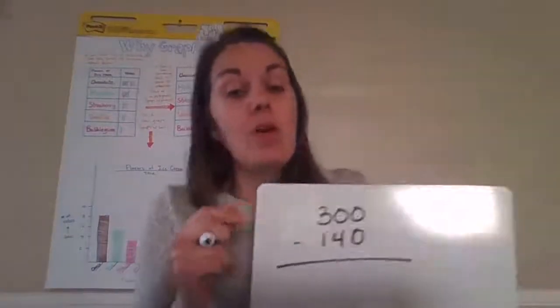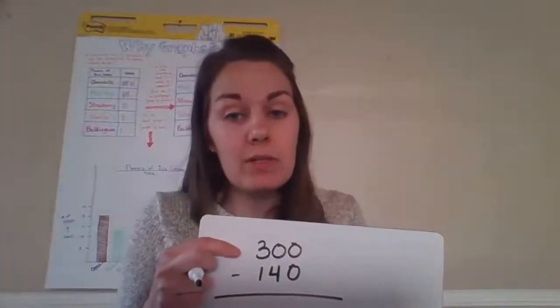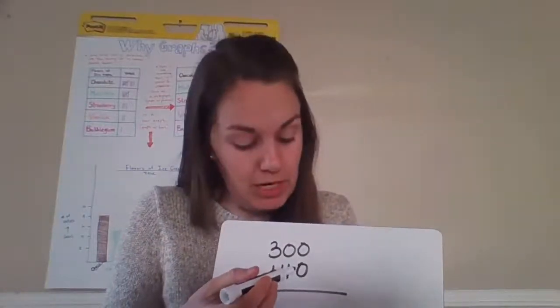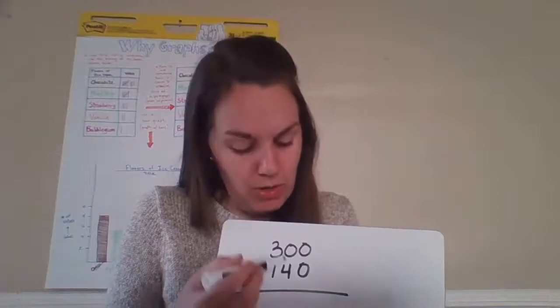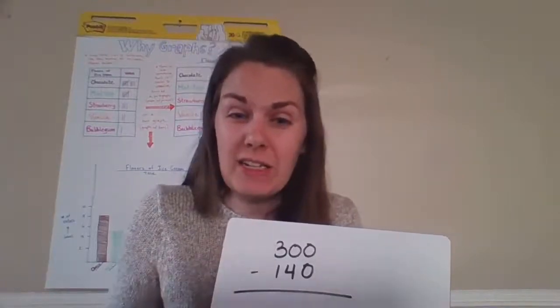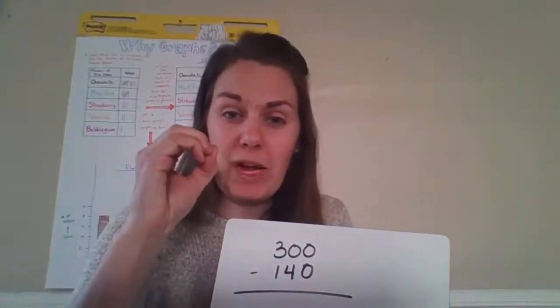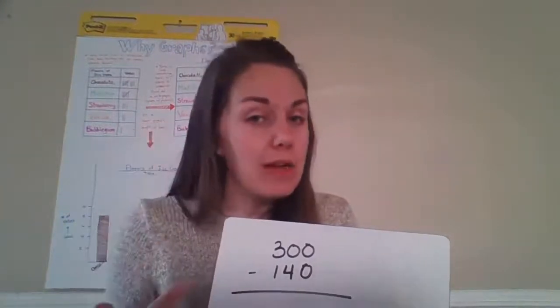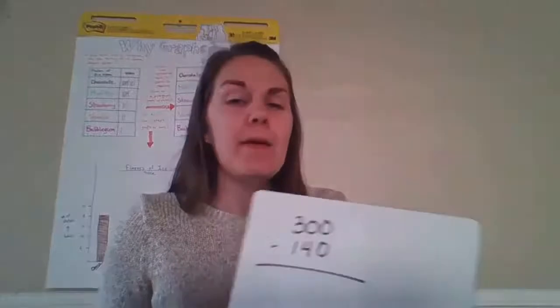Now, we can go through this and regroup, because if I go through it, 0 take away 0, I know is going to be 0. But then I have 0 up here and I need to take away 4. If I have 0, do I have 4 that I can take away? Nope. So I could think of it in terms of regrouping, but I'm going to take a shortcut.